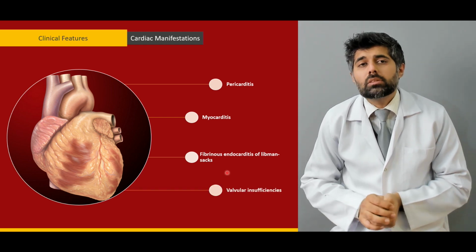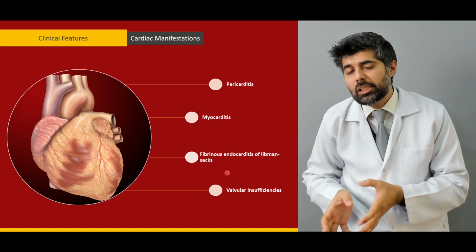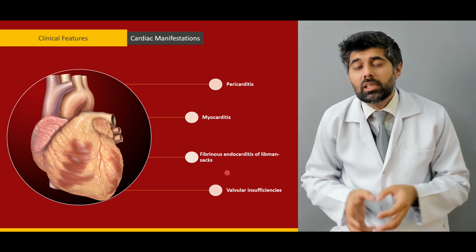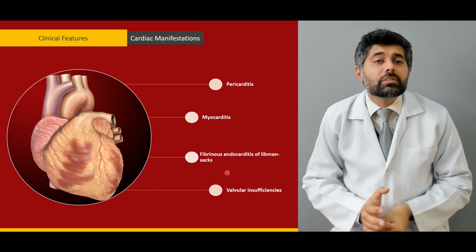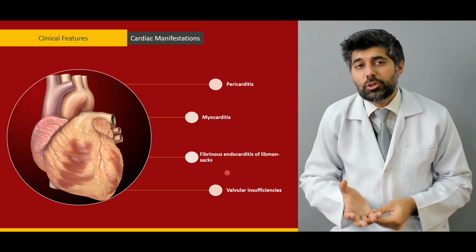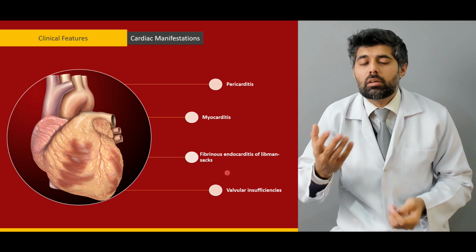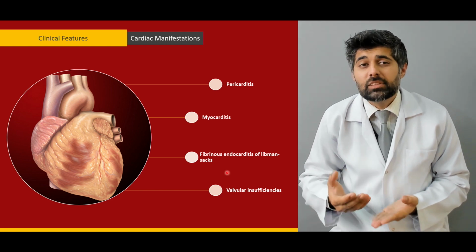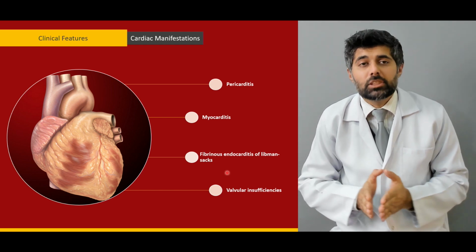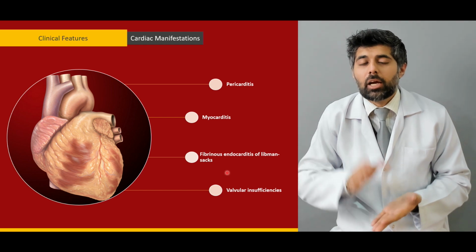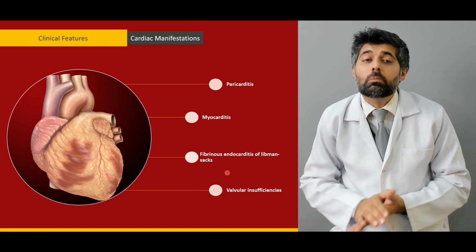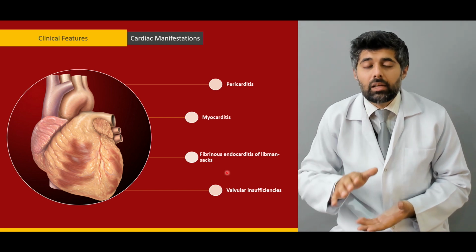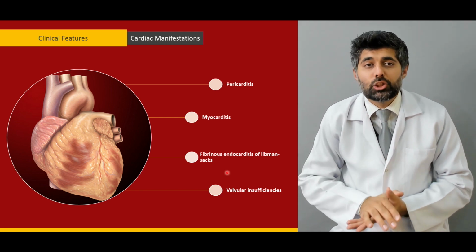Another problem that SLE patients might face is valvular insufficiency. Now, valves are fibrous tissues. They are formed like thin leaves and they must be preserved with accurate structure. So any deposition upon them will result in their decreased functioning.